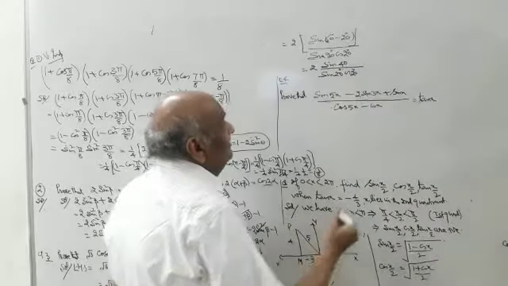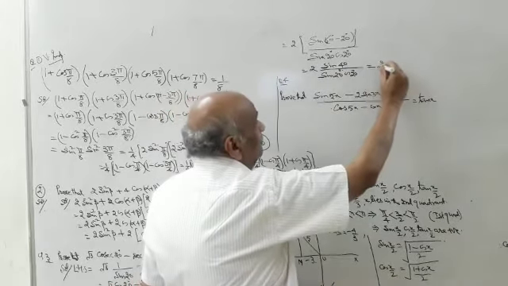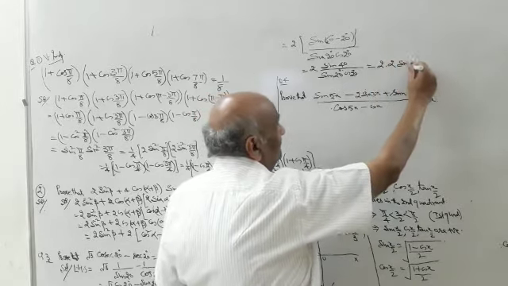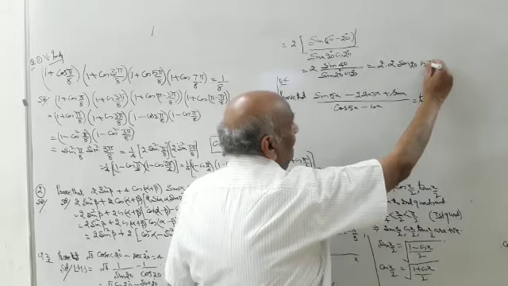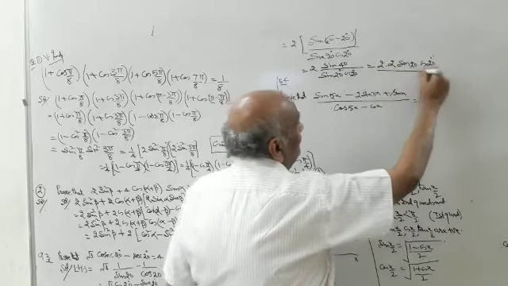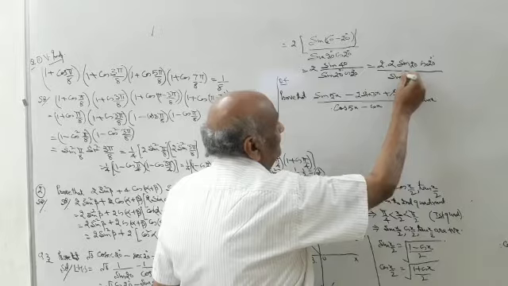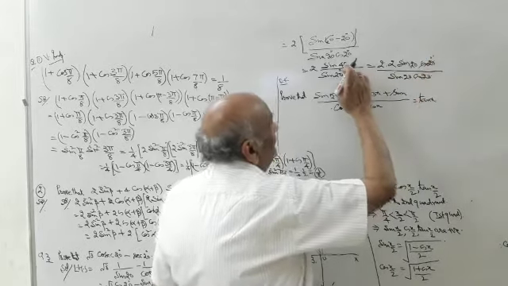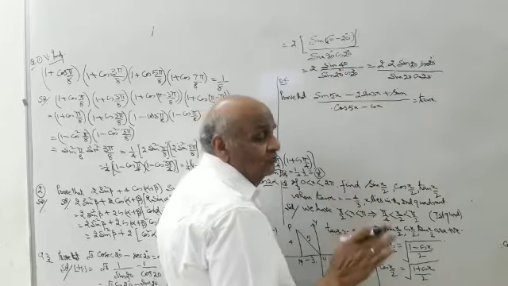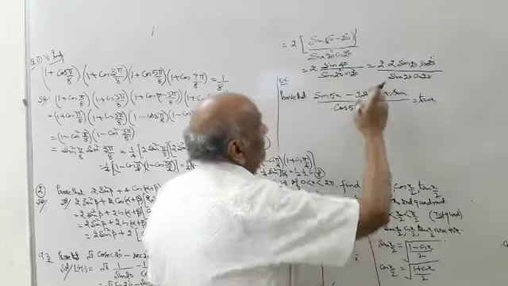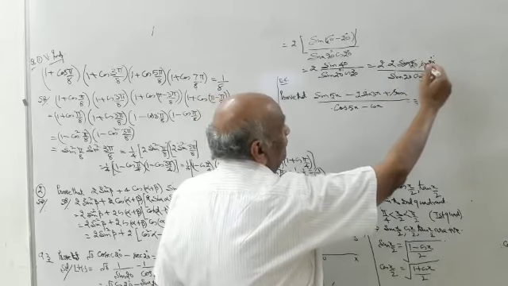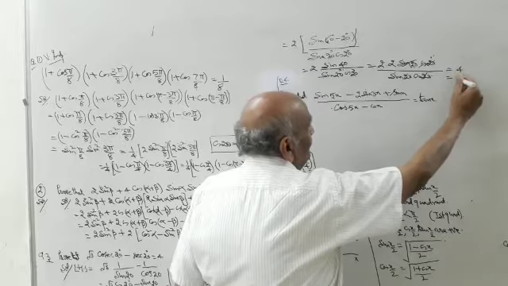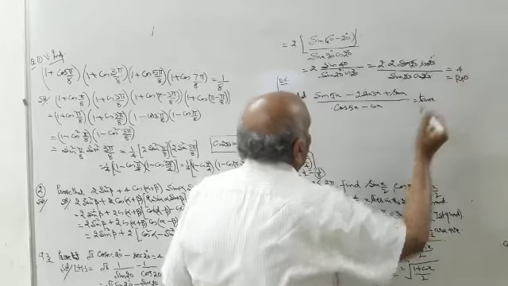And sine 40 is sine 2 theta, 2 sine theta cos theta, so 2 sine 20 cos 20. 2 sine 20 cos 20 upon sine 20 cos 20, this is just equal to 4, the right hand side. Check out this question.